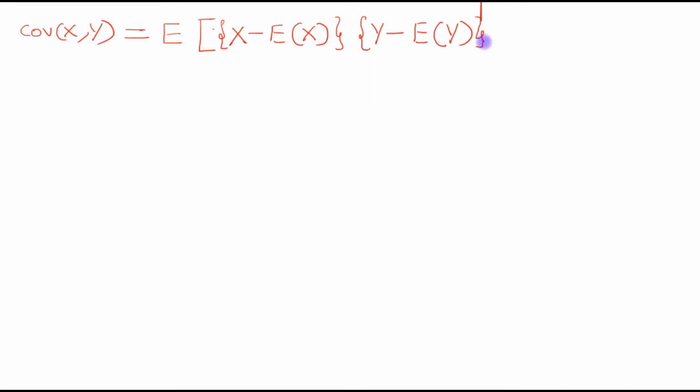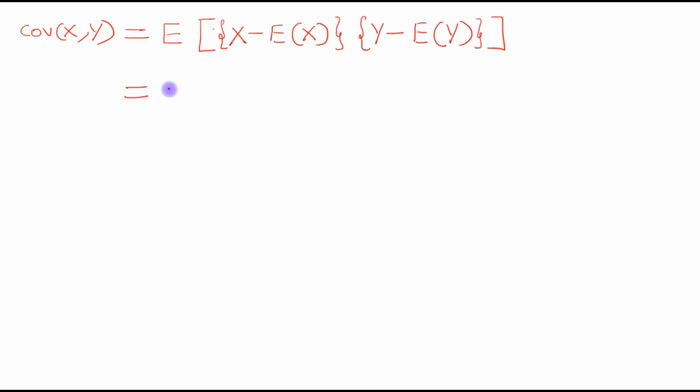Covariance between x and y is equal to expected value of this one.